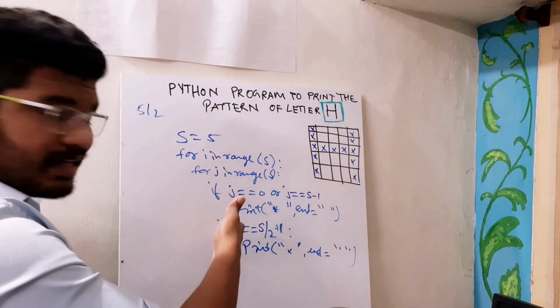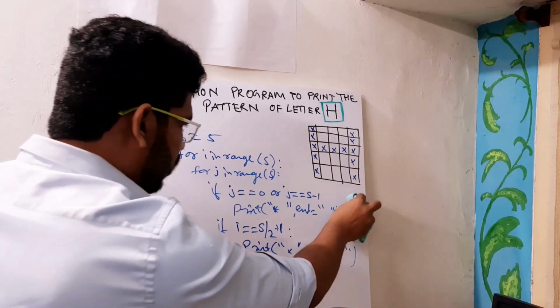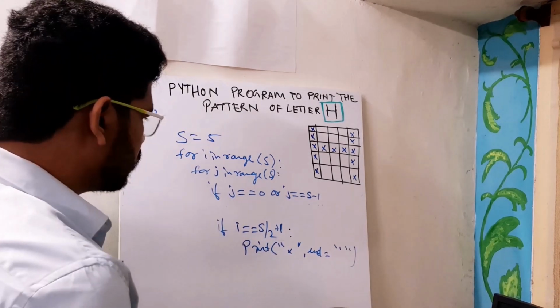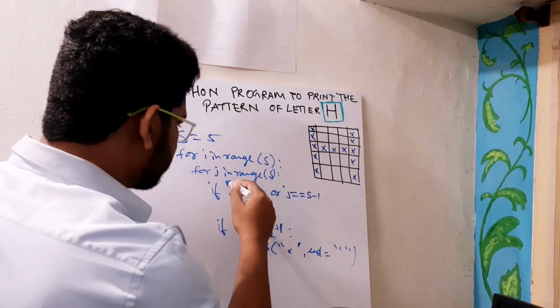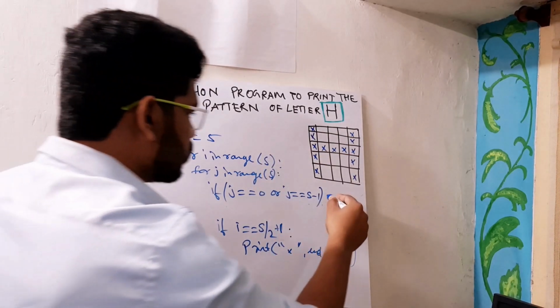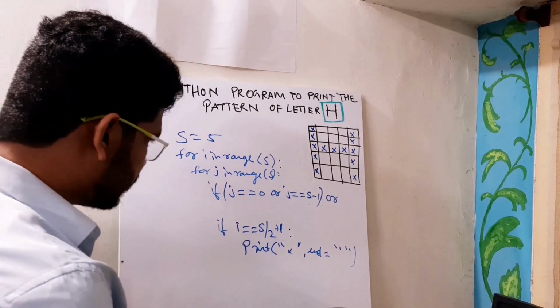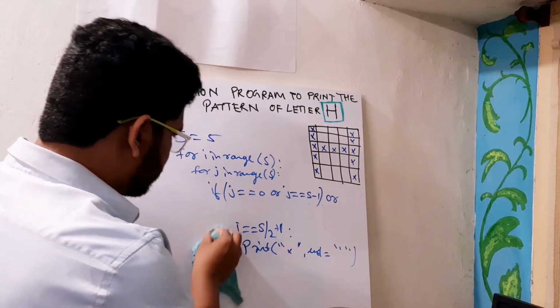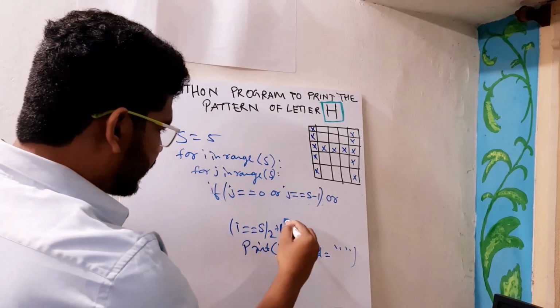Actually, we don't need to print this two times. I will wipe all this. You can write all these as one if condition. So I will write if j equal to s minus 1, it will print that, or I'll write an or condition with if i equal to s by 2.